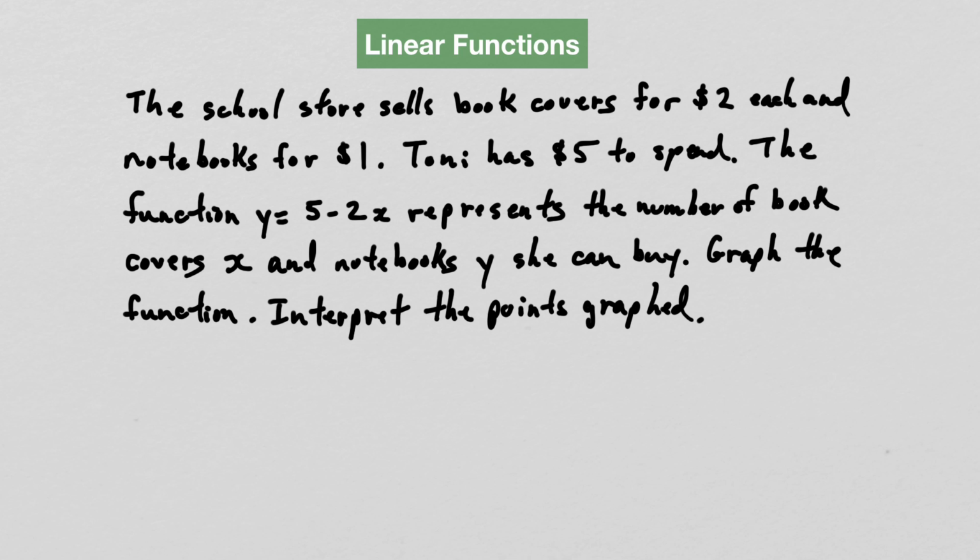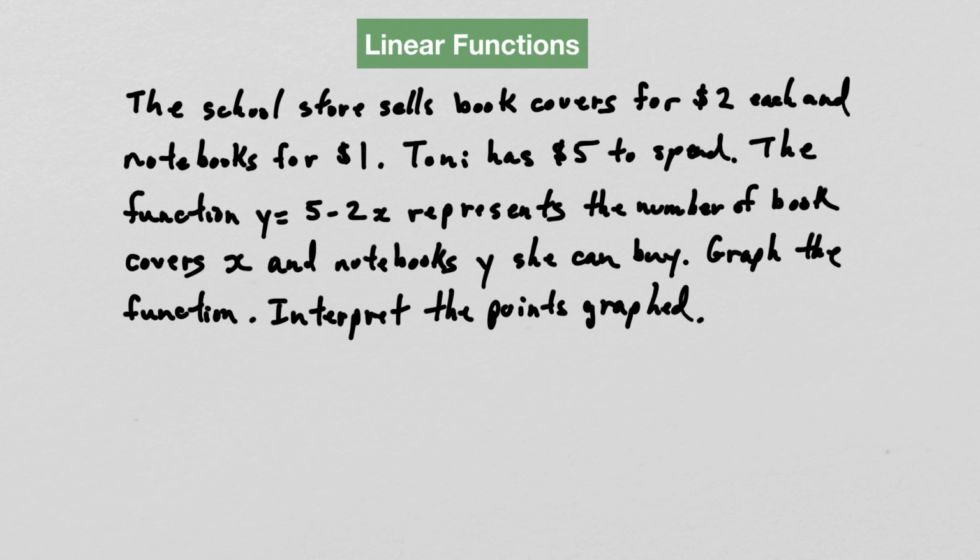It's giving us functions, and we basically need to graph the function and interpret the points graphed. Okay, so with that as your backdrop, let's read this problem again, but we're going to do this much slower. Okay, and as we read through it, we're going to try to digest some more of this detail.